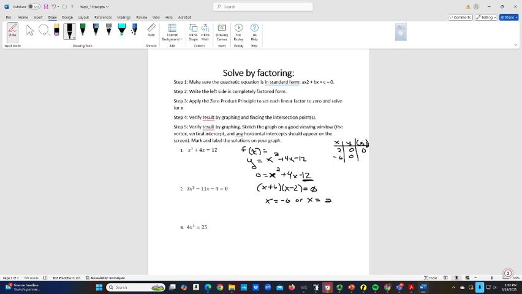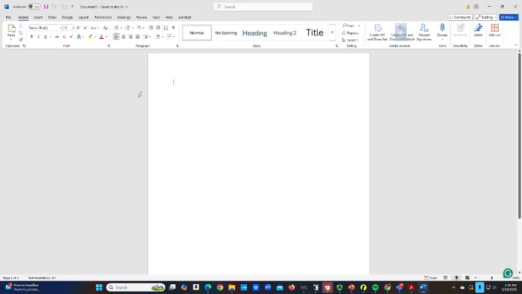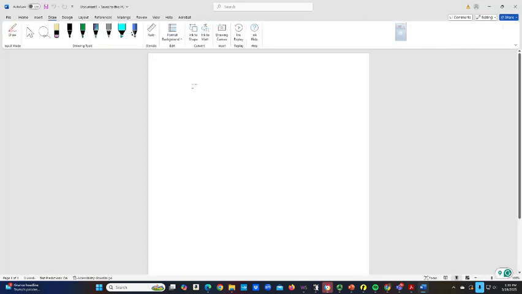Now, if we were graphing this equation, right? So let's say we were tasked to graph this, so again we have y equals x squared plus 4x minus 12. And we've already said that our x-intercepts are going to be positive 2, 0.